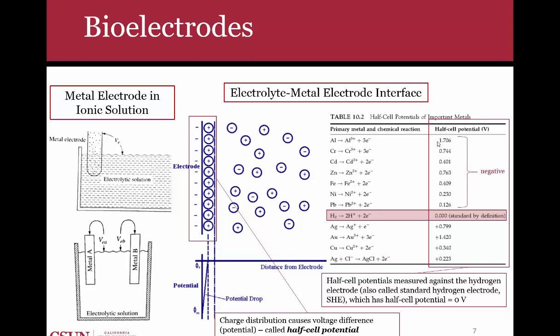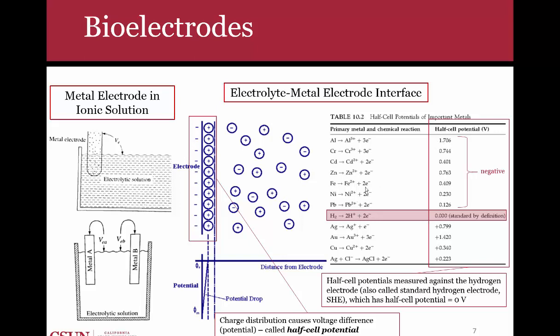That's a really large voltage produced at that interface. So if I put my reference electrode, or the reference part of the multimeter, in the electrolyte, and attach the other end to the metal, I'm going to get a voltage difference of negative 1.706.